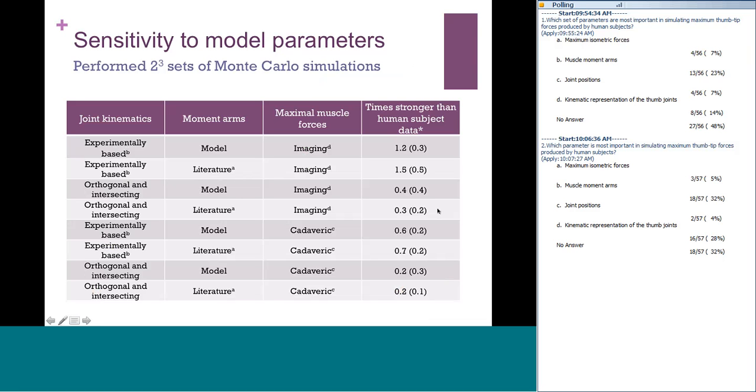Francisco's lab's results reported the model was 4 times weaker than the experimental data, and here we showed results 3 to 5 times weaker. So we feel we have very effectively replicated his original simulation results and verified his postulating that it's really the kinematics.